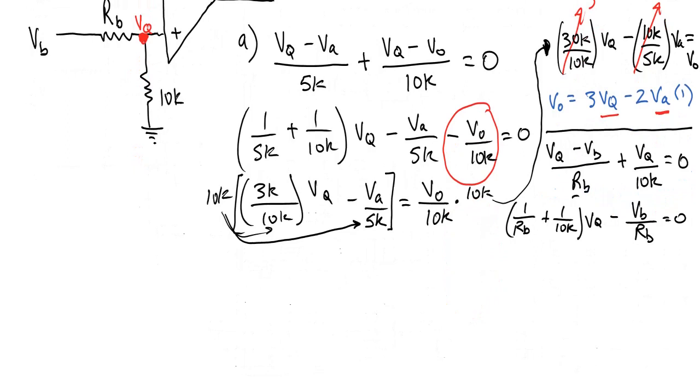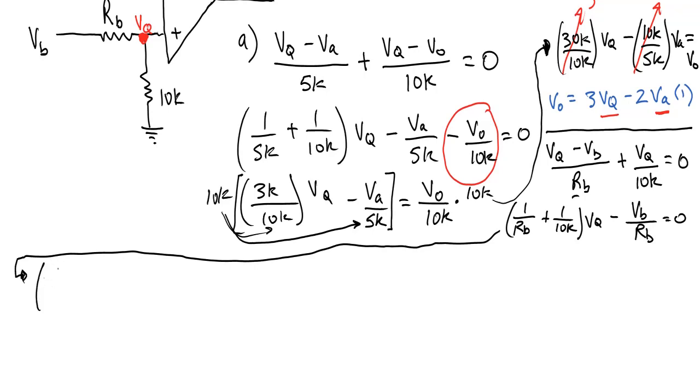Okay, let's give it some space. And I'm going to go ahead and snake down here. So let me just rewrite this one more time. So we have 1 over RB plus 1 over 10K, VQ minus VB over RB equals 0.